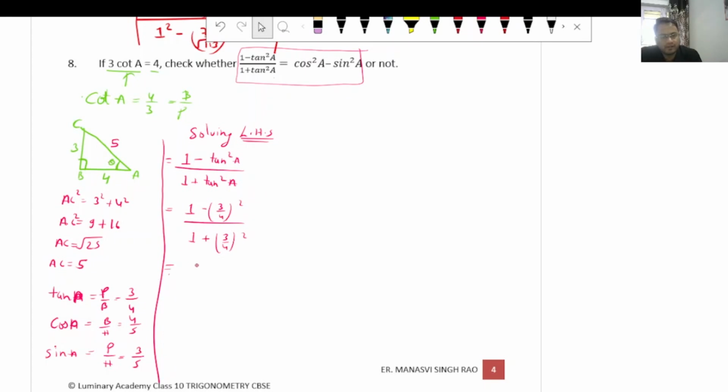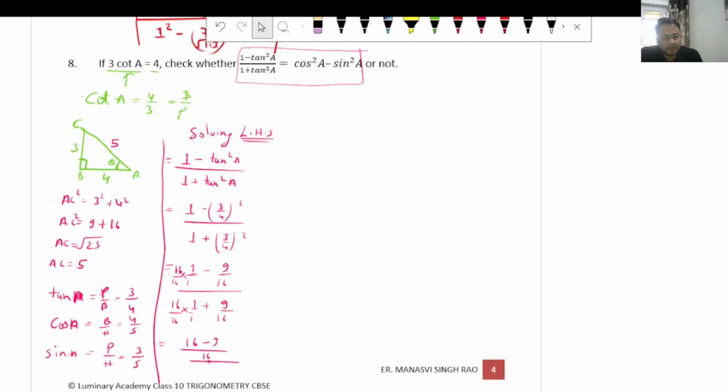So this will be 1 minus 9 upon 16 upon 1 plus 9 upon 16. So this is upon 1, this is upon 1. I'll be taking LCM as 16 here, and LCM as 16 here.